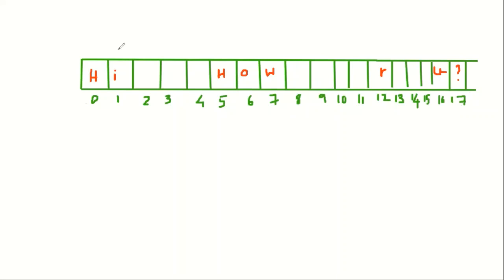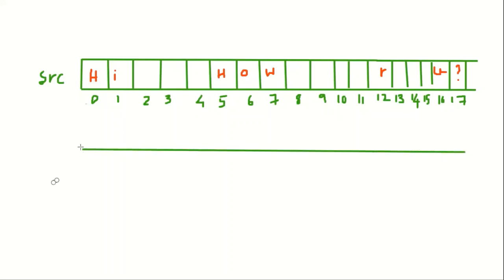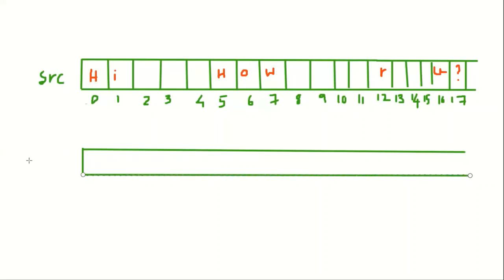Okay, so now this is source, so I'll write it as source. And I have a destination sequence also, wherein I have to copy the contents to the destination. I'll just write it now. So this is destination, DST.